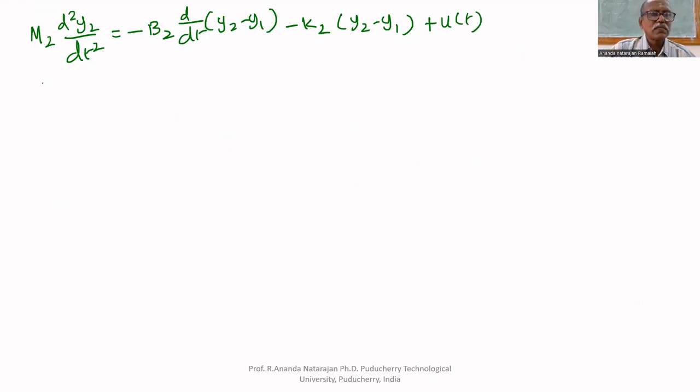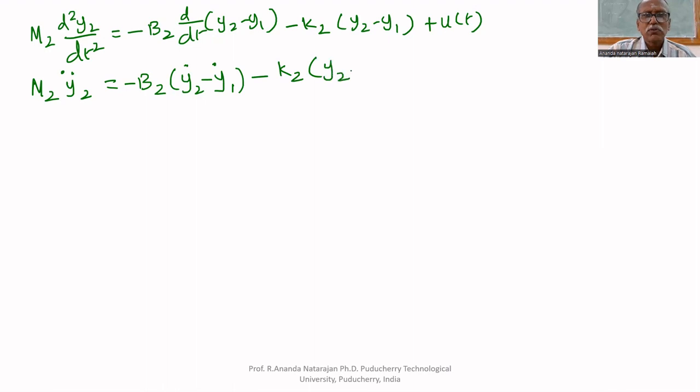This can also be written as m2 y2 double dot equal to minus b2 y2 dot minus y1 dot, minus k2 y2 minus y1, plus u of t.